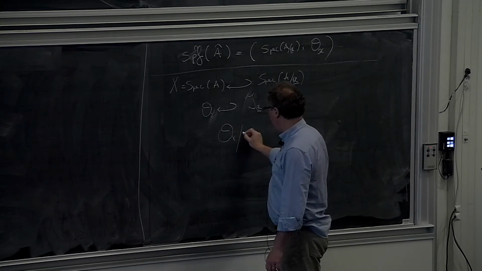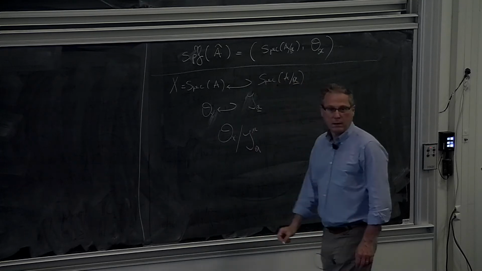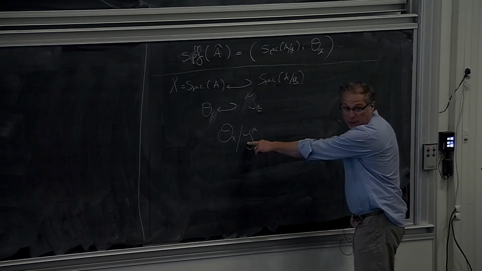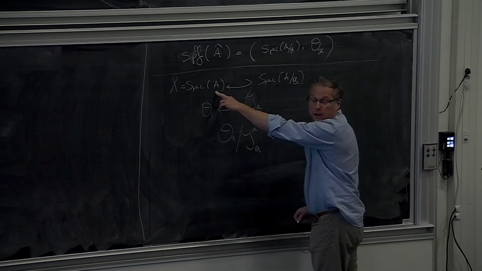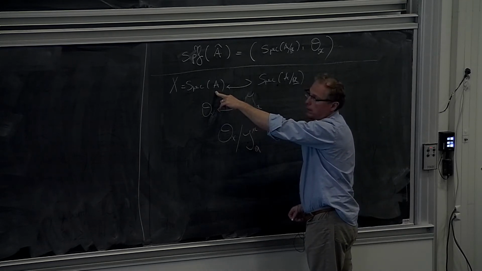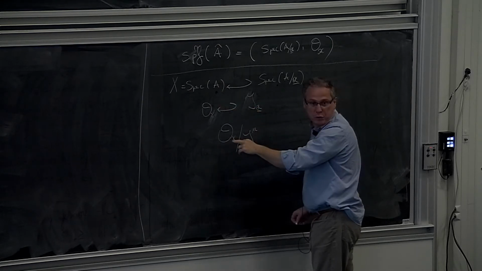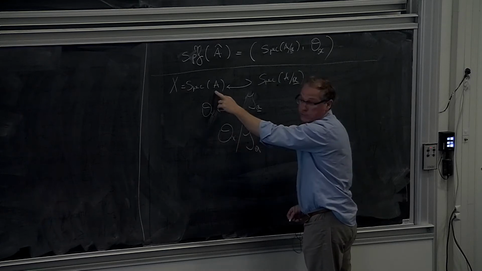Now I can look at the sheaf OX divided by EA to the power n. Since we are over the spectrum of an affine scheme, this sheaf is associated to a module over this ring.